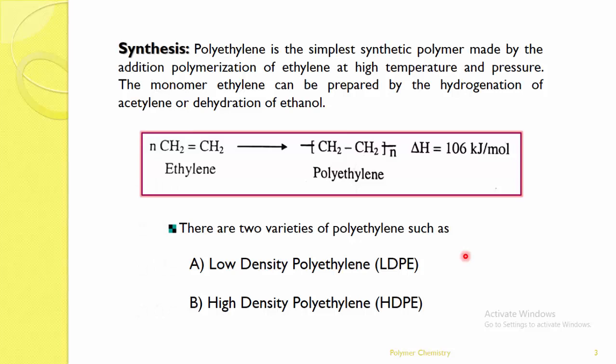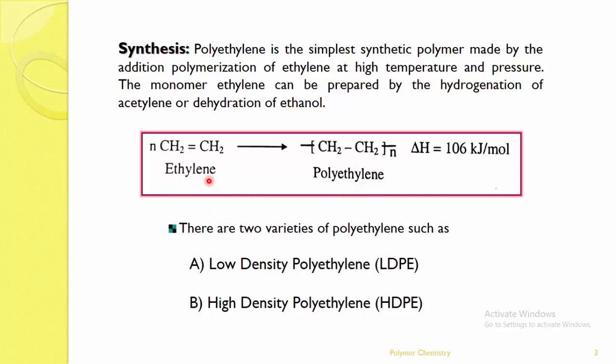So let me see the synthesis. How is it synthesized? A very simple synthesis, where ethylene, the monomer, on addition polymerization forms polyethylene.